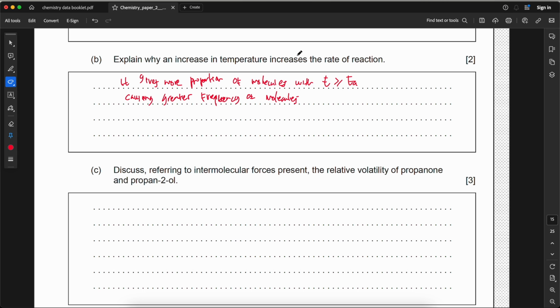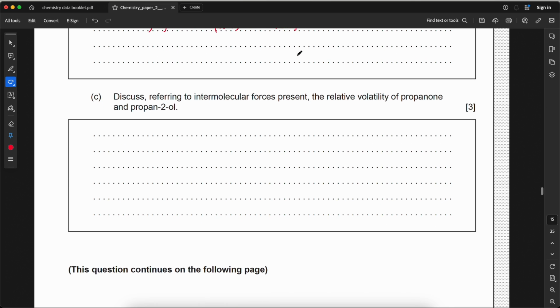Discuss, referring to intermolecular forces present, the relative volatility of propanone and propan-2-ol. For propanone, as you can see the structure, it has C double bond O, but for propan-2-ol, CH3, CH(OH), CH3.